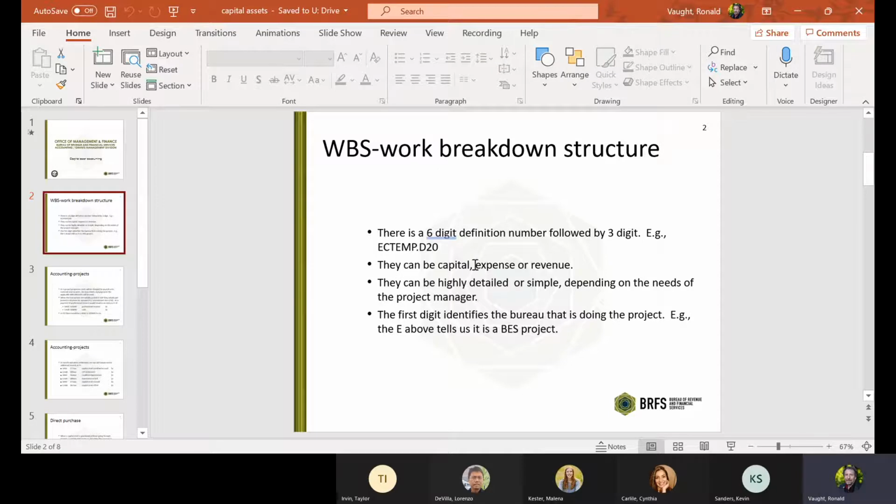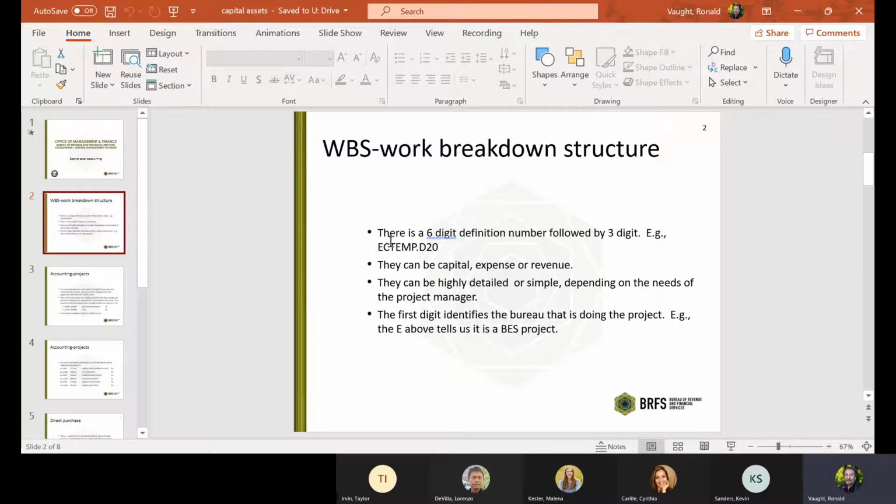They can be capital, they can be an expense account, or they can be revenue. And they can be highly detailed or simple depending on the needs of the project manager. So these structures can get broken down, they can slice and dice them into a whole bunch of different things for a single project, depending on what they need to manage the project.